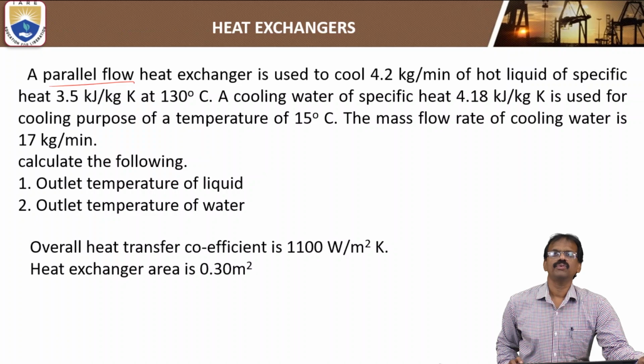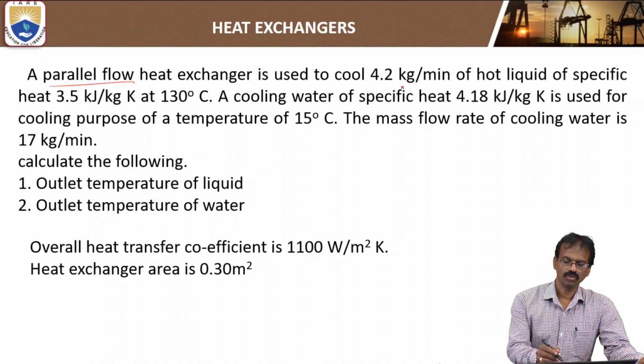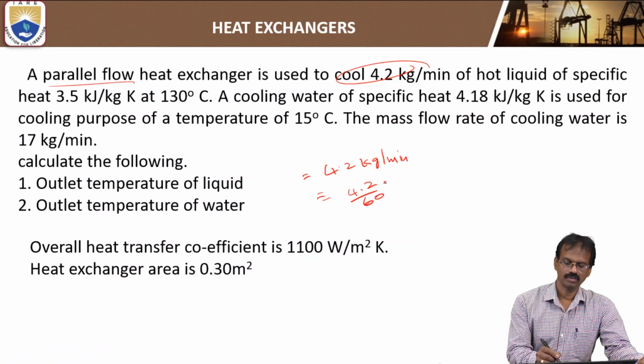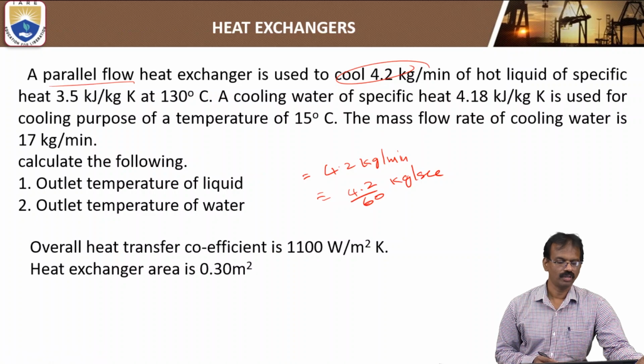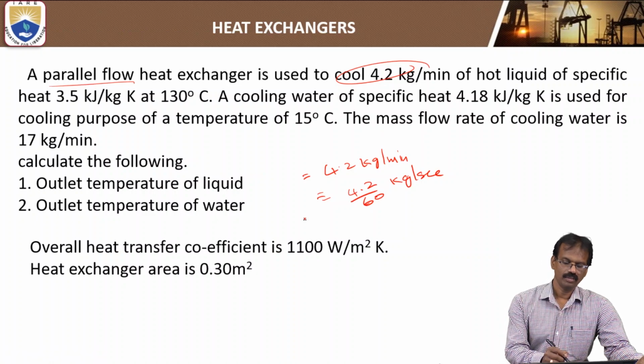So a parallel flow heat exchanger is used to cool a hot fluid at 4.2 kg per minute. So convert into kg per second: 4.2 by 60 kg per second. So this one is the mass flow rate of hot fluid, mH.